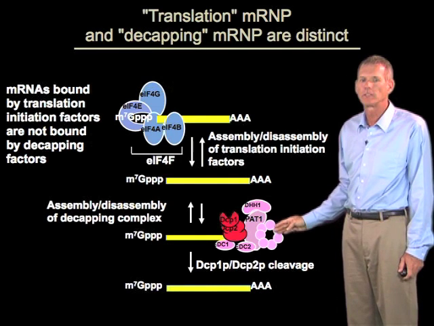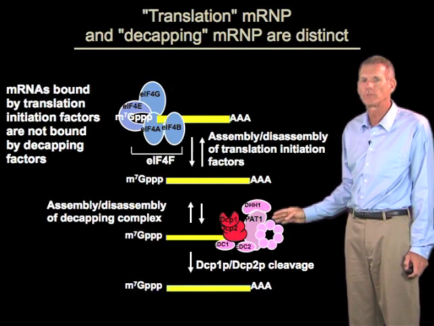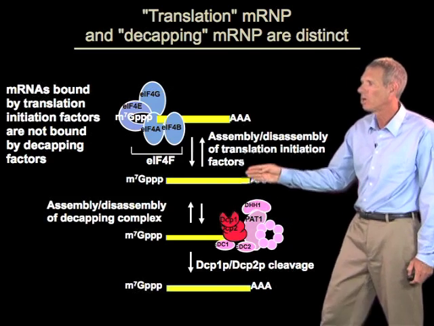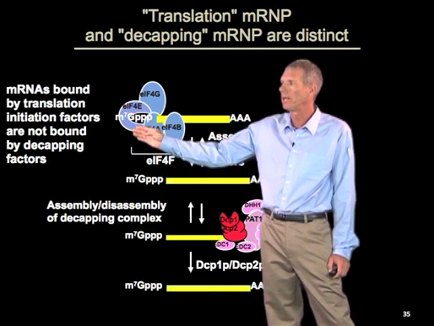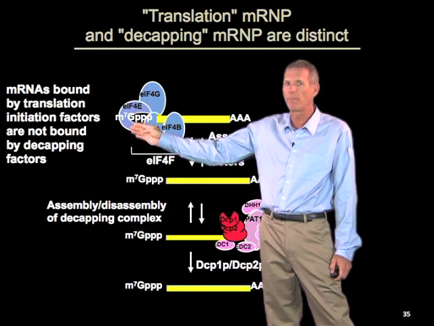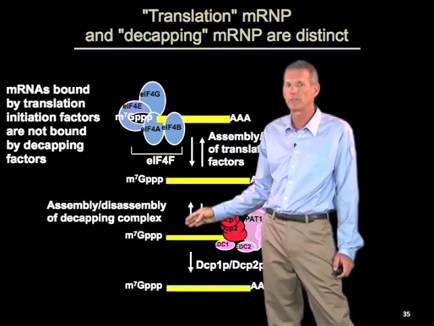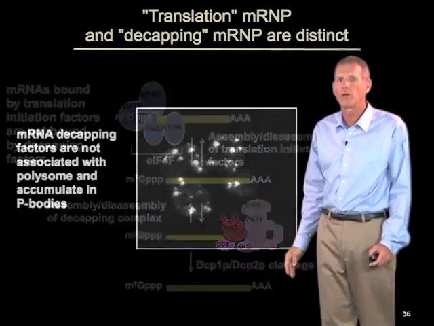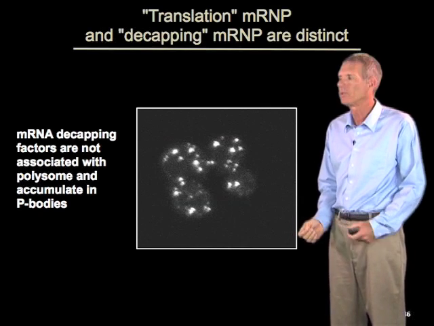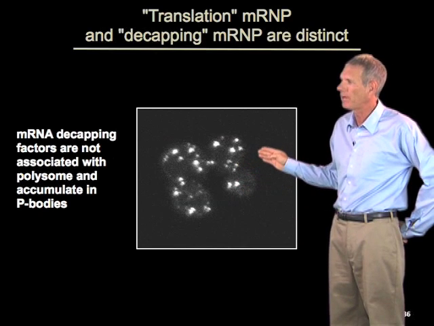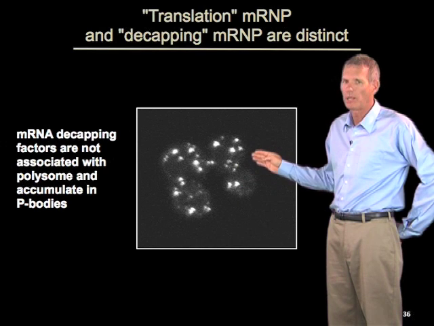And the kind of evidence that supports this model comes from co-immunoprecipitation experiments where RNAs that are bound by translation factors are not bound by decapping factors and vice versa. And also cell biological experiments which indicate that the mRNA decapping factors are not associated with polysomes.